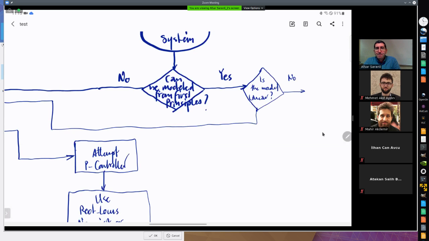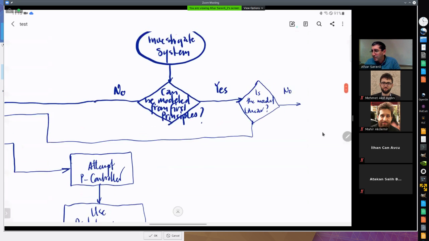Now, if that's the case, the next question that we usually ask is whether or not this system is linear. Okay. And if it's linear, obviously this allows us to look at a large number of methods and techniques, okay?